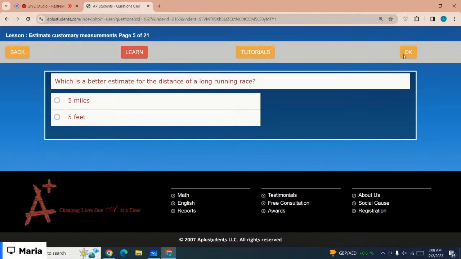Yes, the correct option is 5 miles, right? That is a big race, so it would be 5 miles. Very good.